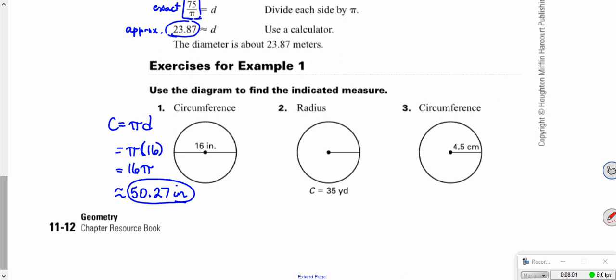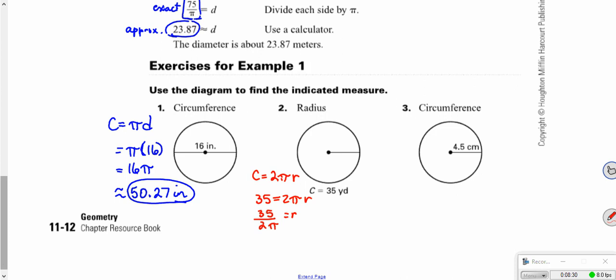The next one, they want us to find the radius. They give us the circumference. So now we're going to be using the formula C equals 2 pi r. I'm putting 35 in for the C. So 35 equals 2 pi r. So my r is going to be 35 divided by 2 pi.